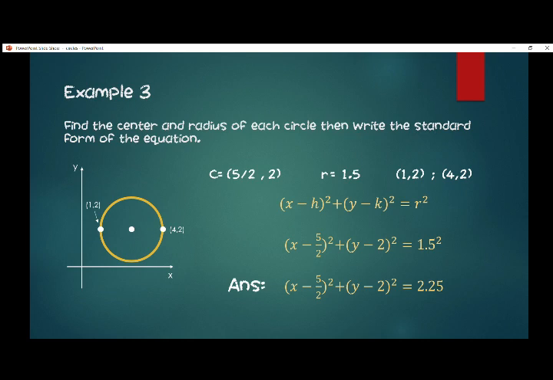Quantity x minus 5 halves squared plus quantity y minus 2 squared is equals to 1.5 squared. And then 1.5 squared is 2.25. Then yung ating final answer will be quantity x minus 5 halves squared plus quantity y minus 2 squared equals to 2.25.